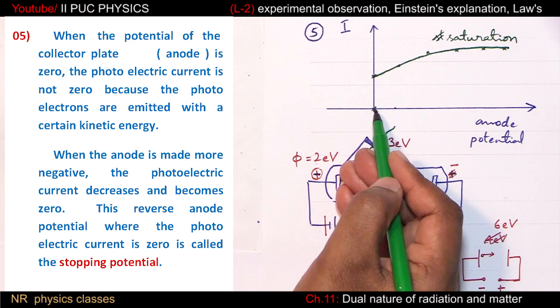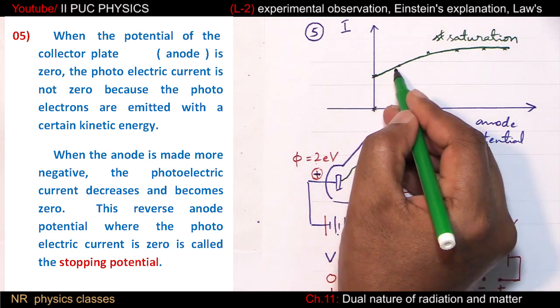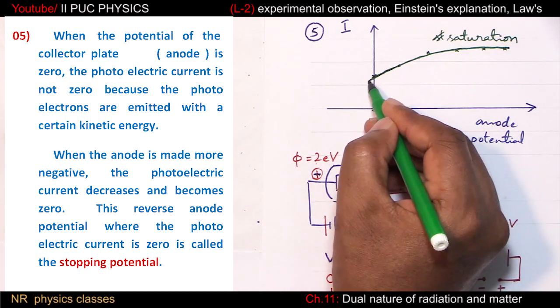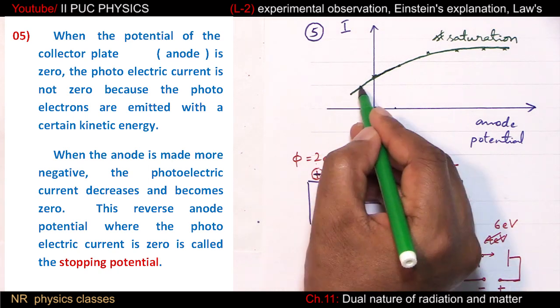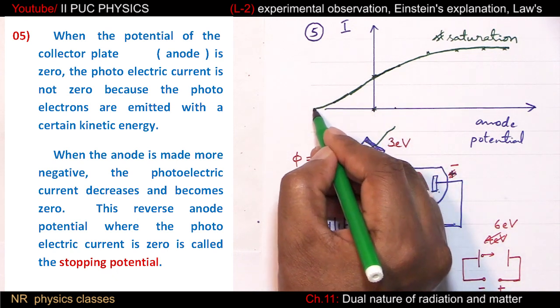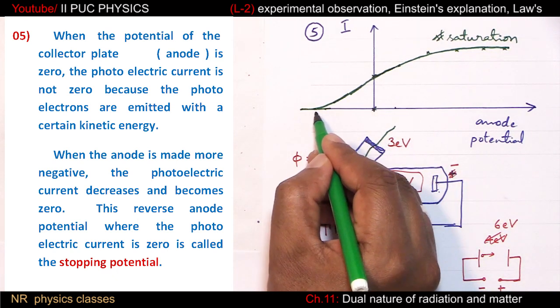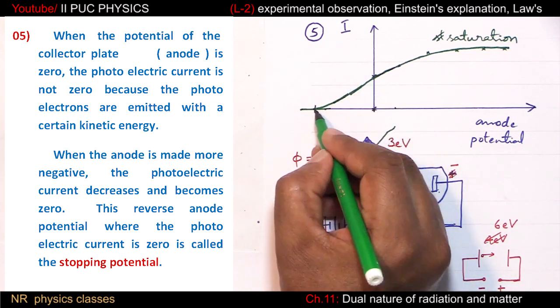Now anode voltage is reversed. If anode voltage is reversed, then because of negative effect, the current also decreases. If anode voltage further increases, then current further decreases. At some voltage, the curve touches x-axis, means anode current, photoelectric current becomes 0.